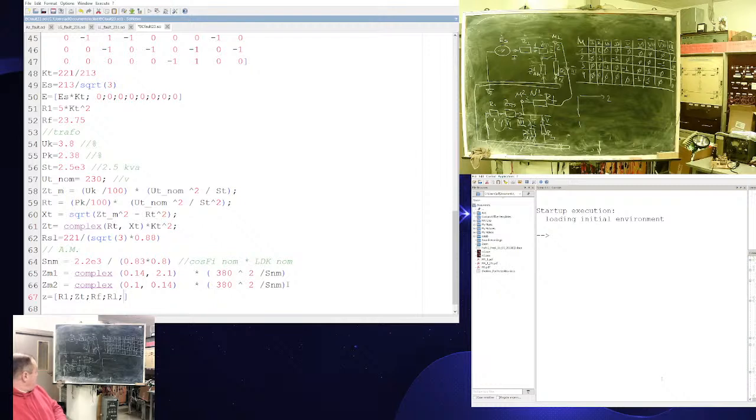Branch number 5, again, once more it's a load. Again, a load. Branch number 6, L1. Branch number 7, transformer. Branch number 8, it's my asynchronous machine in direct sequence. Branch number 9, asynchronous machine in the secondary.